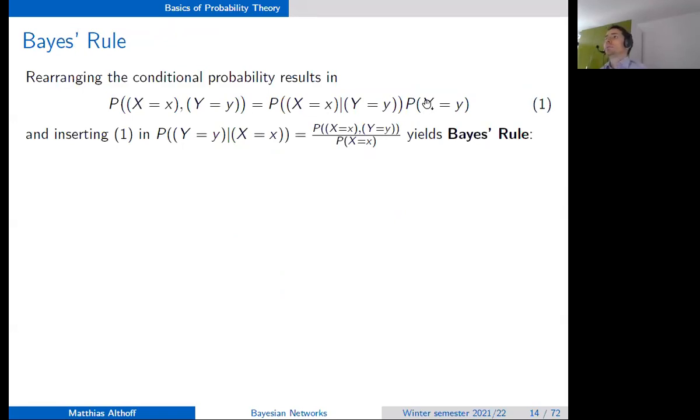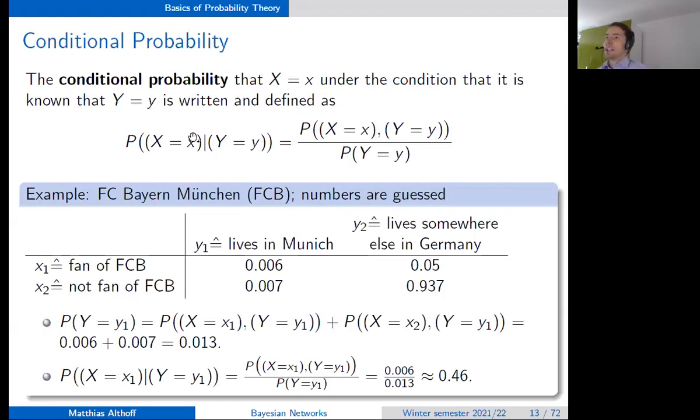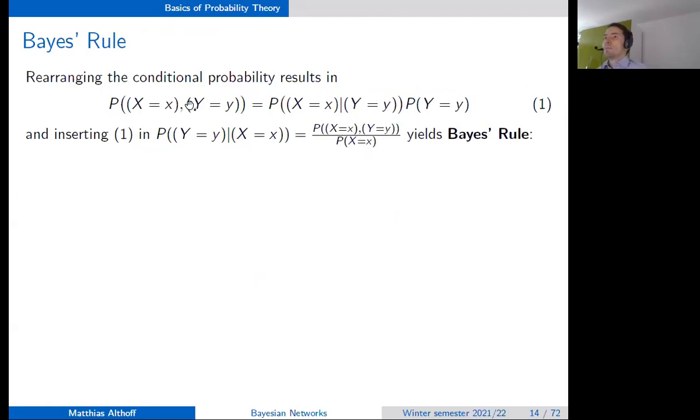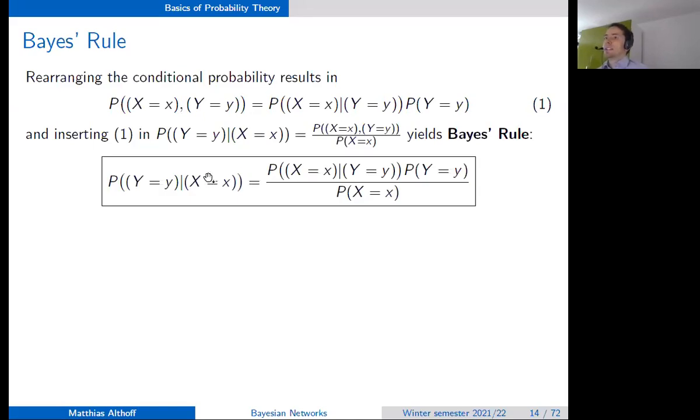What we can do is insert this into, again, a conditional probability, but for that conditional probability we have changed cause and effect. So now y is on the left side and x is on the right side. Here it was different: x is on the left and y is on the right. If we insert this joint probability in here, we get Bayes' rule.